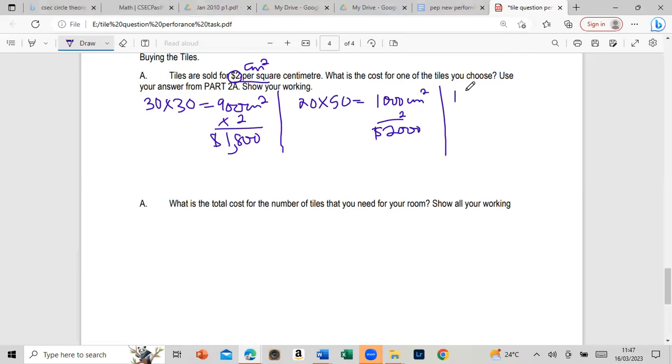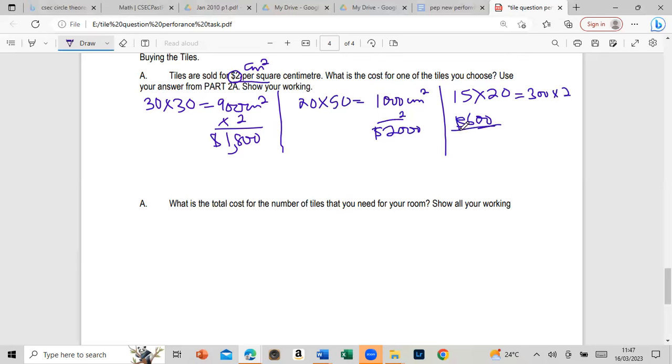So we calculate how many square centimeters are in this, and it works out to 300. Then we multiply it by 2, so that gives us $600. So you pay a total of $600 if you use this one.